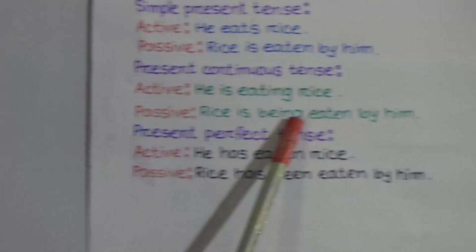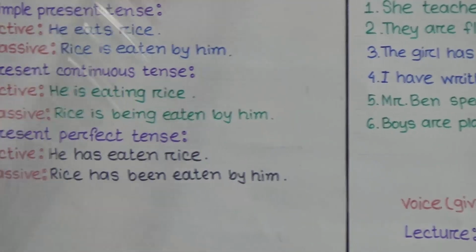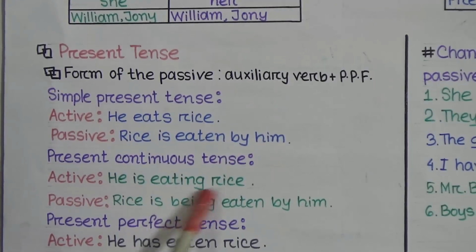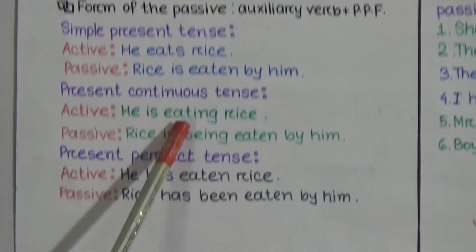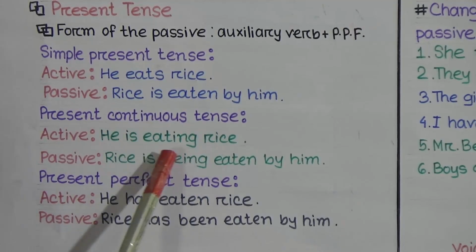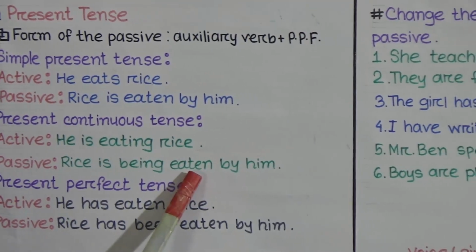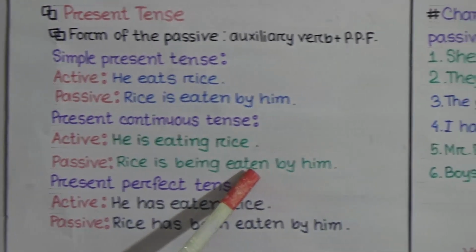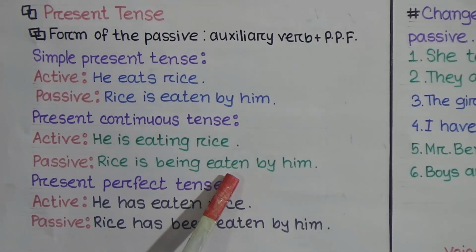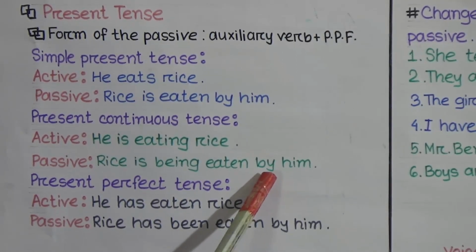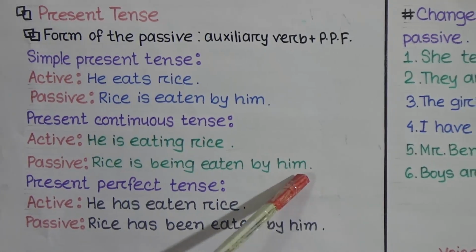Rice is being, then we have to use the past participle form of the main verb of the active sentence. Here in the active sentence we find the verb eating, so we have to use the word "eaten." Then we have to add "by" and then the object.